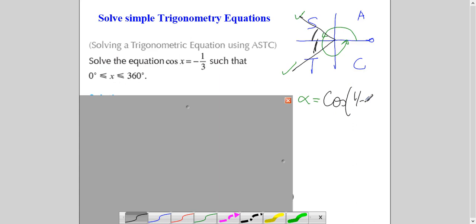So I will find out this in the calculator. Now you may notice that I did not put minus sign here. Do you know why? Because that sign is only telling me which quadrant I am in, and I have identified. I'm in quadrant 3 and 4.